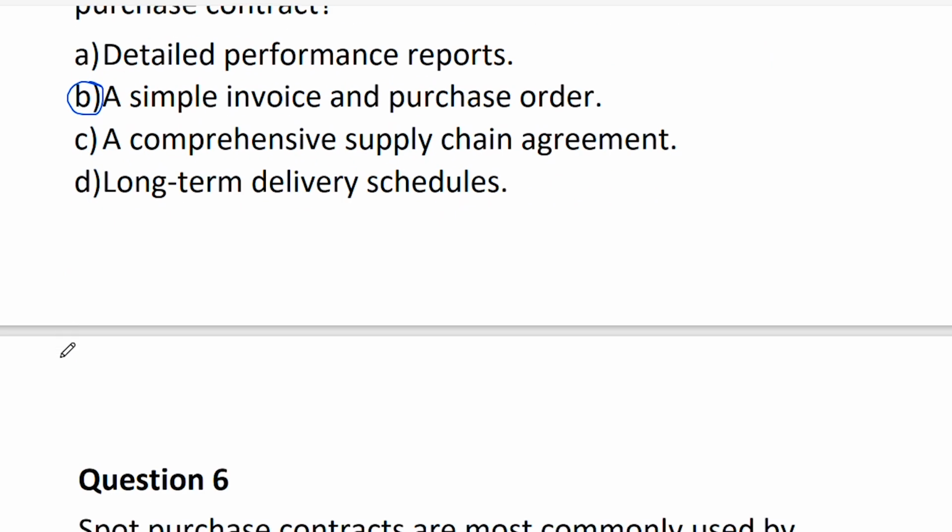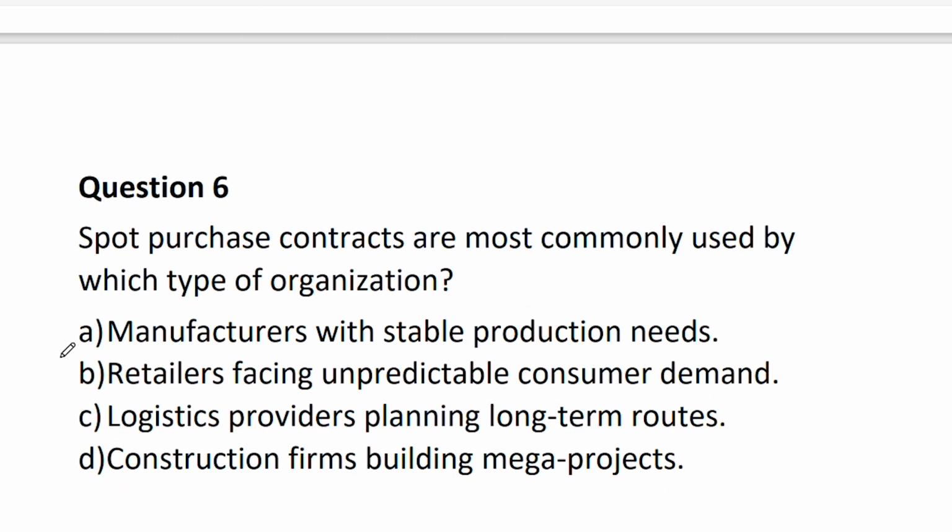much we owe you. So, spot purchase contracts are most commonly used by which type of organization? Manufacturers with stable production needs, retailers facing unpredictable consumer demands, logistic providers planning long-term? In fact, anytime you see long-term, just forget about it, okay? Construction firm building mega projects? They're not going to be buying things on the spot.